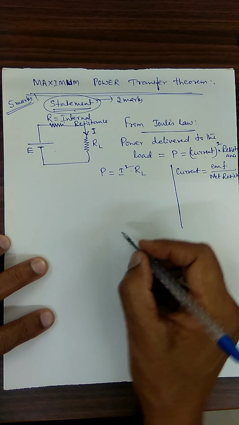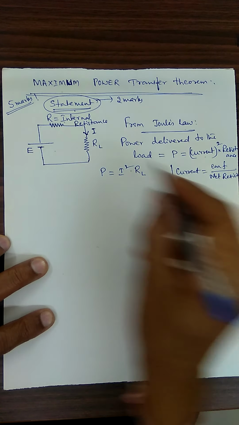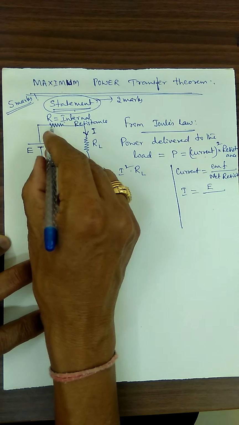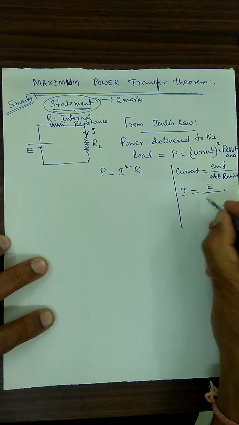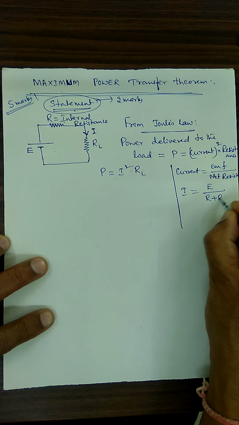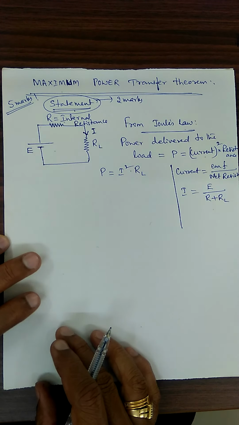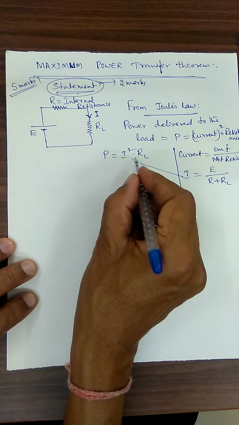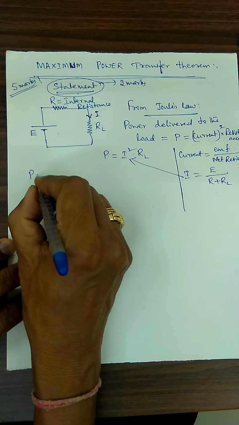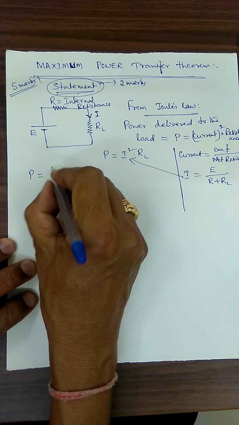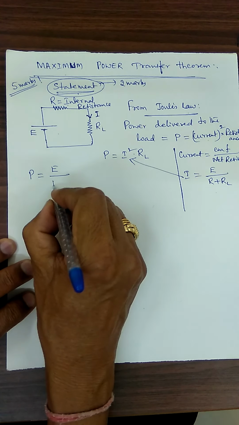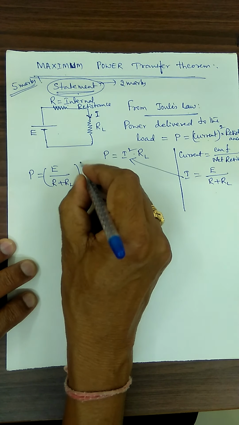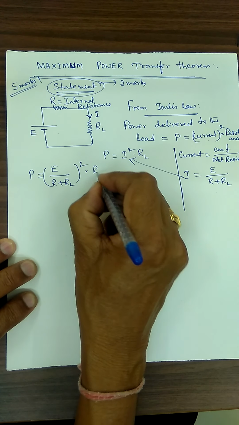Therefore, current I is equal to E divided by R plus RL, the total resistance in the circuit. I will substitute this current here. Therefore, power is equal to E divided by R plus RL, whole squared, multiplied by RL.